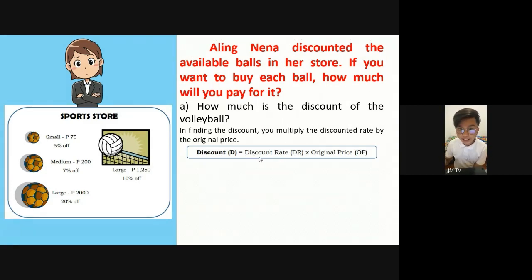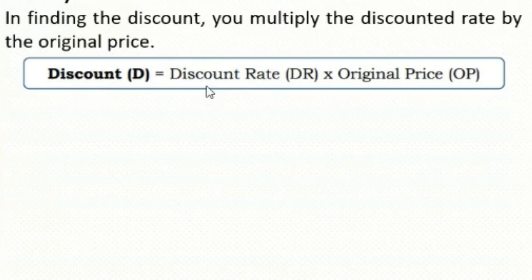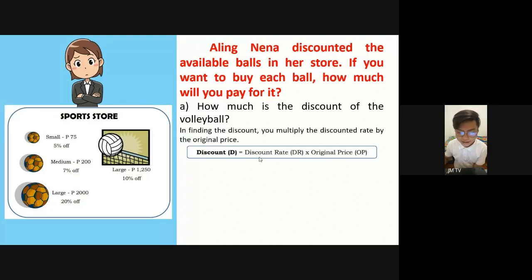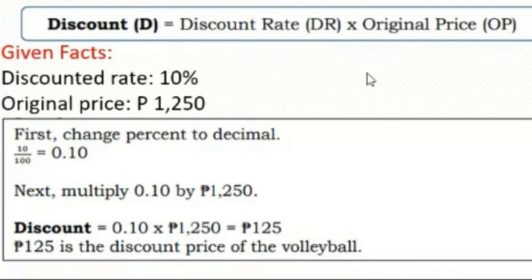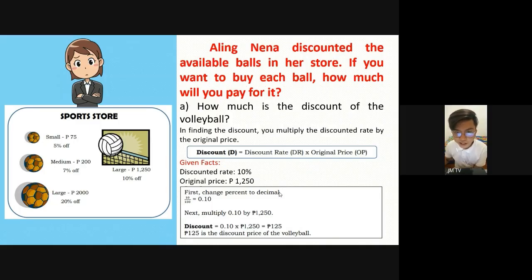So, sasubstitute lang natin yung mga value na yan dito sa ating formula. By the way, since yung ating rate, nakasulat siya ng percent, gagawin ulit natin siyang decimal. So, para magawa yun, divide nyo ulit sa 100. Ang ating decimal form ng 10% ay 0.10.